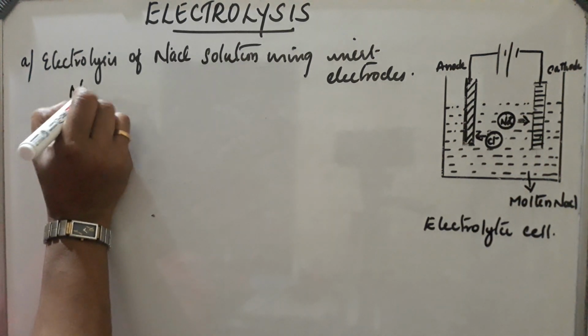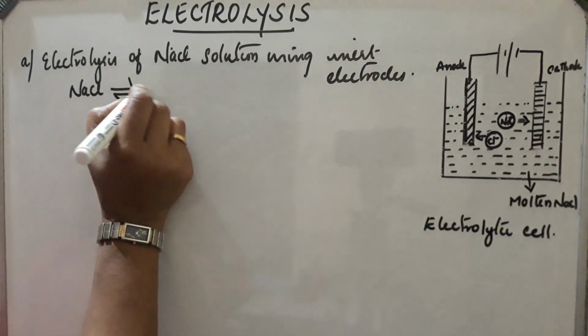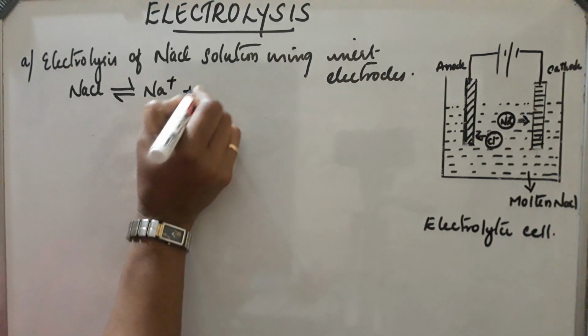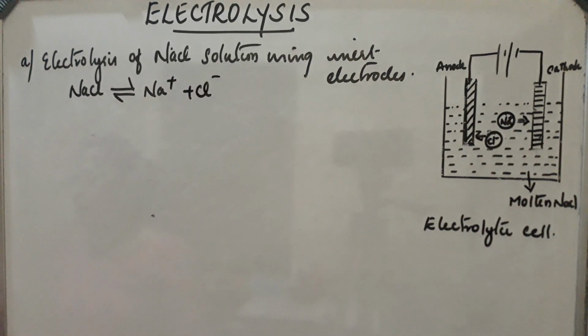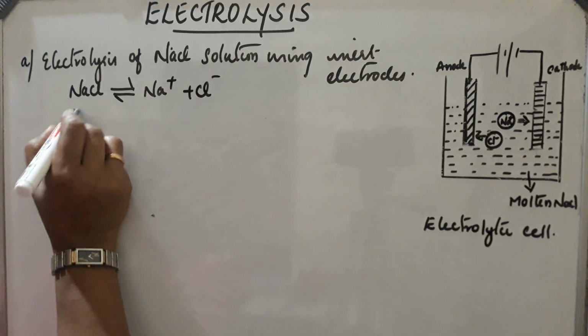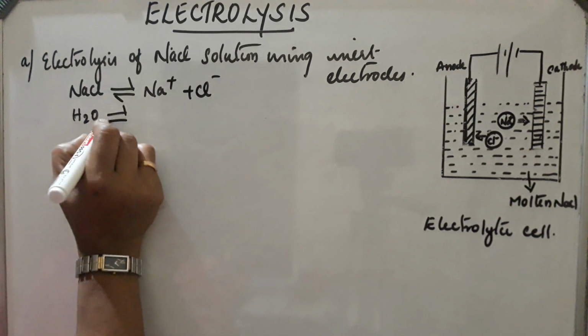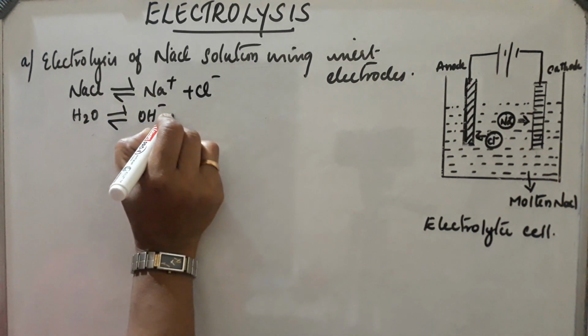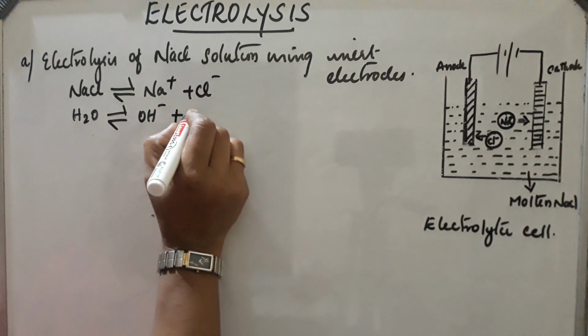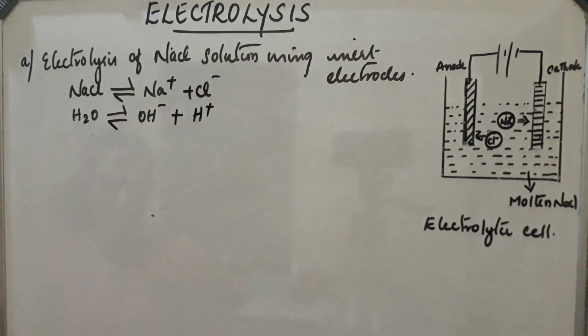Actually NaCl is present, it ionizes as Na plus and Cl minus ions. Okay, also water is present, that also ionizes and H plus ion and OH minus ions are obtained.